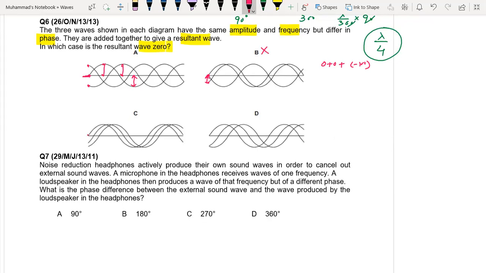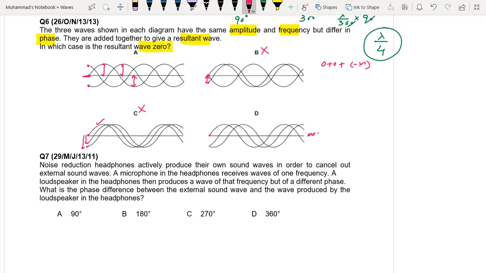If I look at option C, the displacement of this wave is zero, but the displacements of these two waves are negative. So if I add these two negative displacements, I will get a non-zero negative value. So this option C is also incorrect. And in option D, the displacement of this wave is zero.